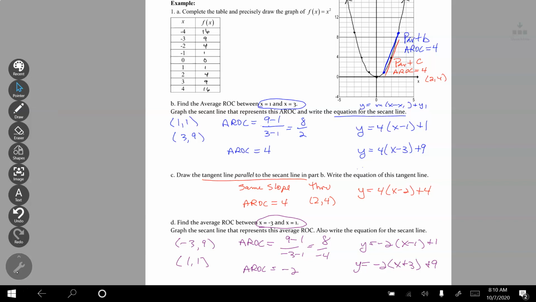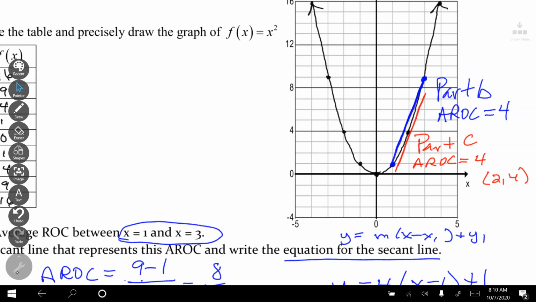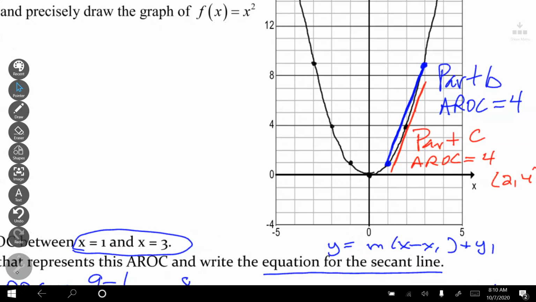But I am going to go up and draw this on the graph. So I'm going to make it bigger just because it's easier to draw. And I'm doing this point here and this point here. And now I'm going to take my ruler the best I can.